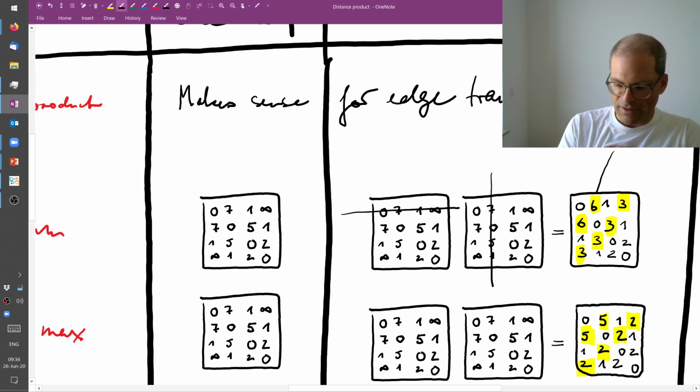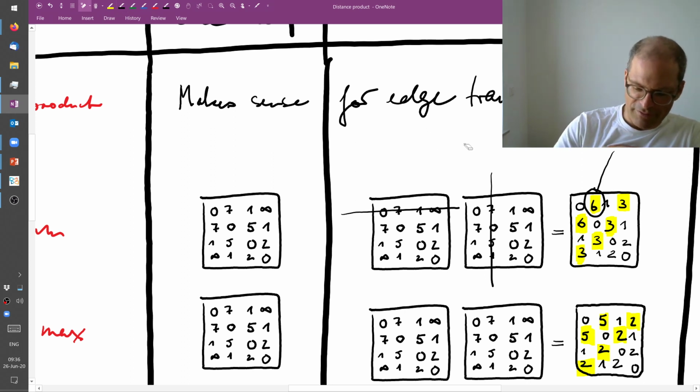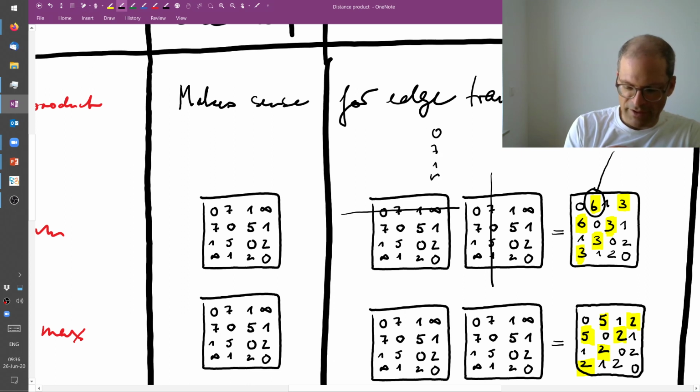this element here. So I have 0, 7, 1, and infinity. And maybe, because I said earlier product, let me write this more like a vector: 0, 7, 1, and infinity. And here I have 7, 0, 5, and 1.